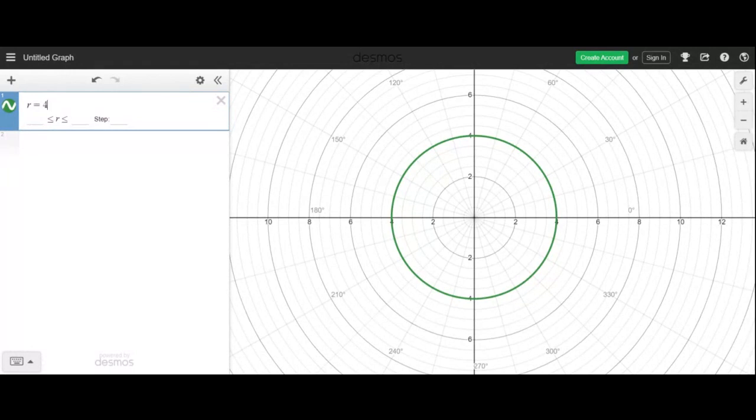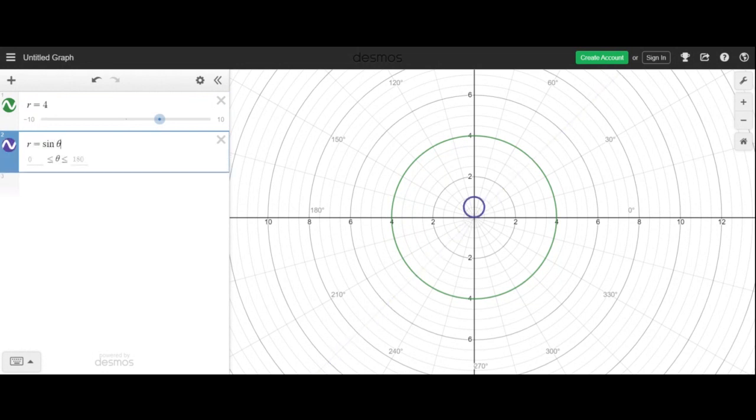I talked about how curved functions would look better in a polar system. Let's take a look at, say, r equals sine theta. And you can see that that would essentially be our unit circle, but just looking at sine.